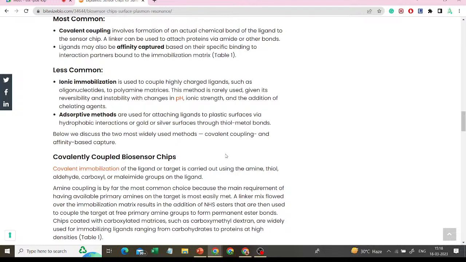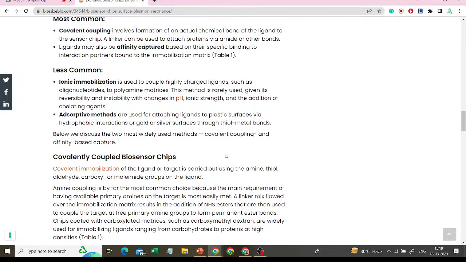Oligonucleotides have affinity through ionic interactions with the polyamine matrix: polyamines are positive in nature, and oligonucleotides, because of their phosphate groups, are negative in nature. So the negative and positive charges give rise to the ionic interaction.